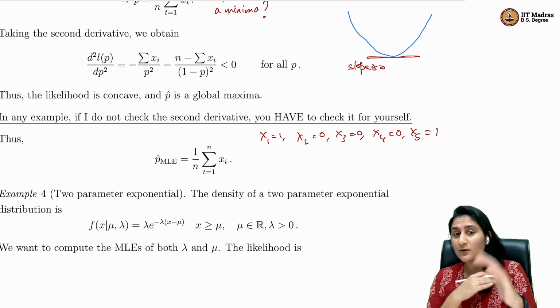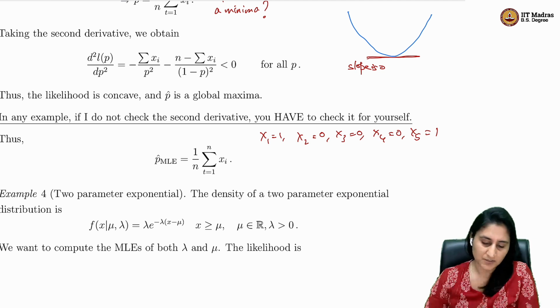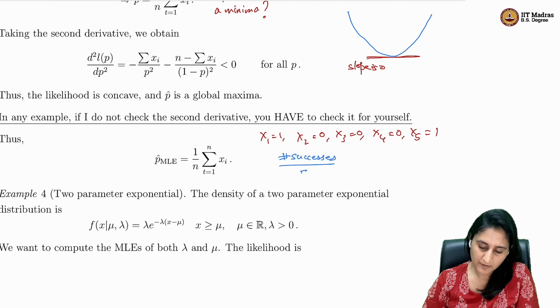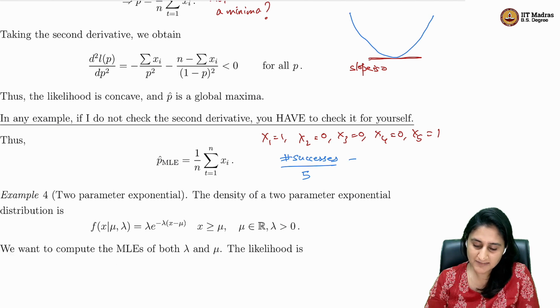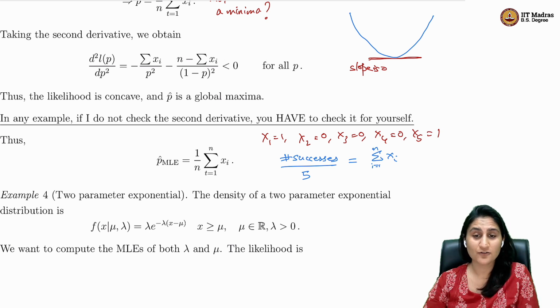What you would do without doing any maximum likelihood estimation is you would guess the number of successes divided by 5, which is your proportion of success, right? That's exactly what your guess of p hat should be. But the number of successes is basically exactly the same as summation of xi, i going from 1 to n, because when xi is not a success, it is 0.